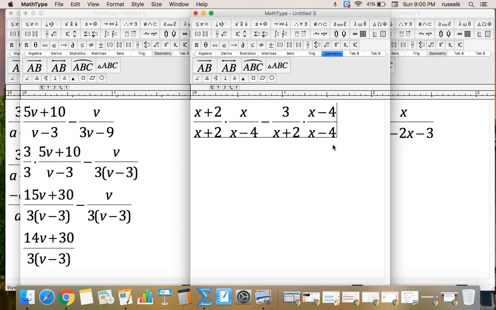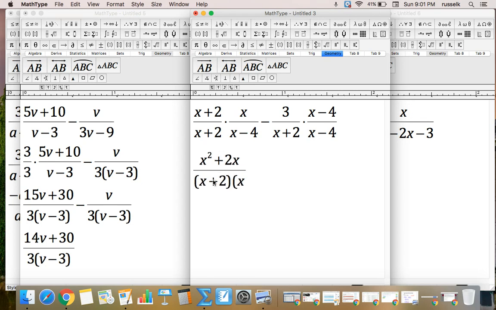You can't cancel anything, simplifying-wise, until we have this down into one fraction. So we need to go ahead and combine these tops. The top of the first fraction, when we distribute, gives us x squared plus 2x. Once again, we don't need to multiply the bottoms.